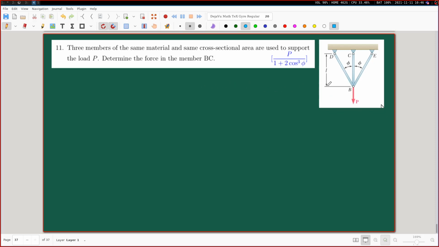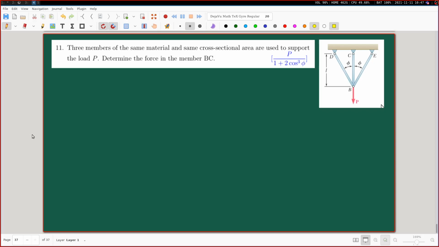So what we have here is just 3 bars, 3 members, pin jointed everywhere, and this is a statically indeterminate problem, and we are supposed to find out the force in the member BC. So tell me how I should proceed. I would really appreciate it if some of the students from autumn semester actually tell me how to proceed.